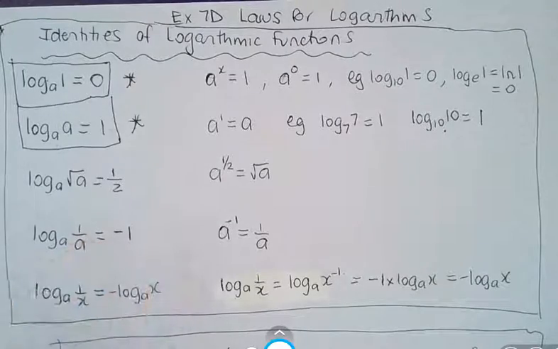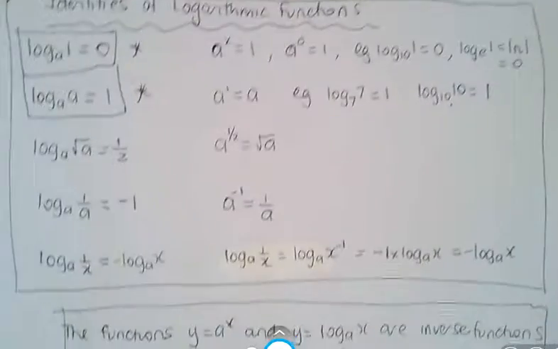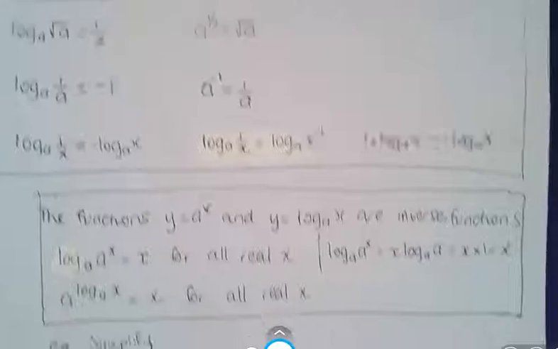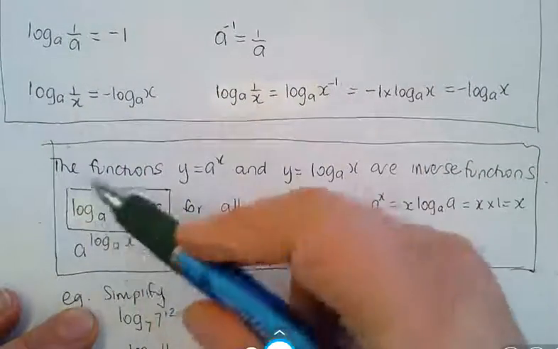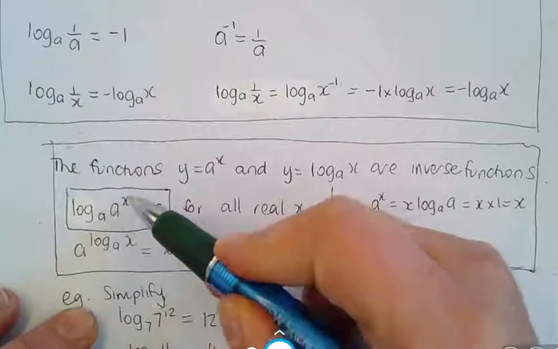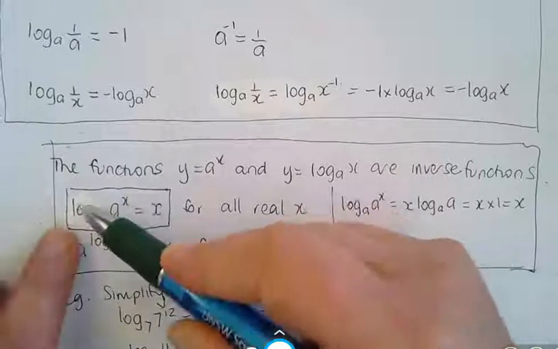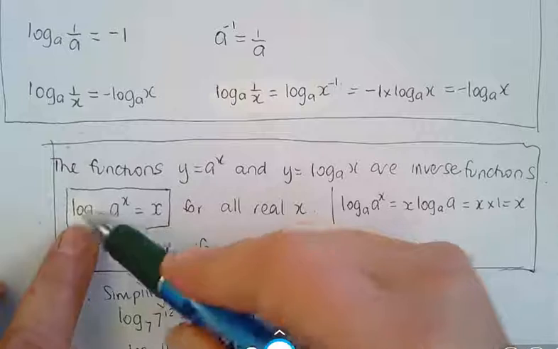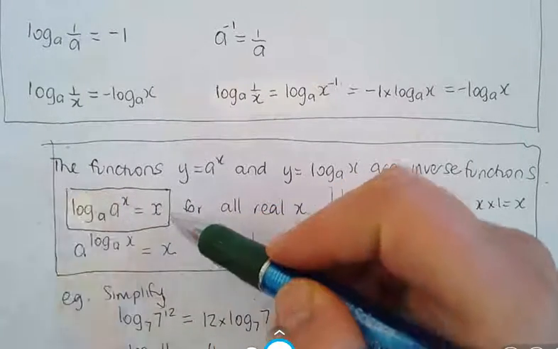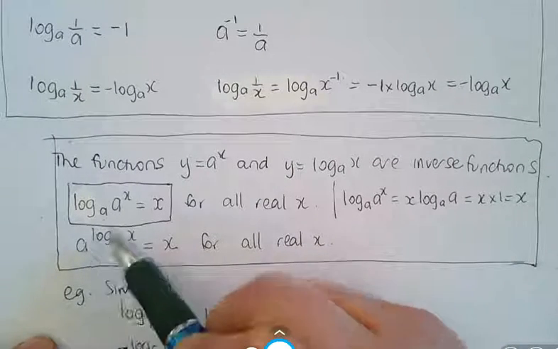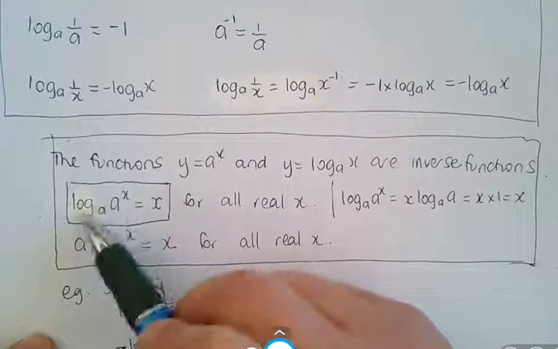Now, the other things that you need to know or recall is if you see something like this, log to the base a of a to the power of x, you'll just say to yourself, oh, the log to the base a and the a cancel out and I'm just left with x. Now, this is the other way around.